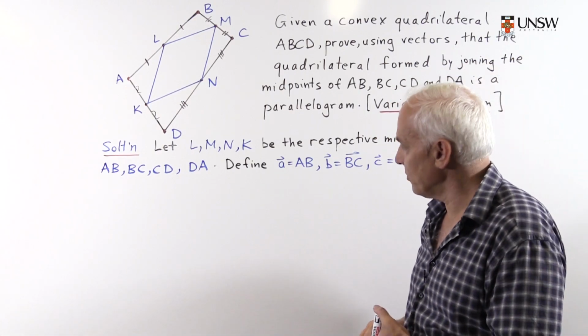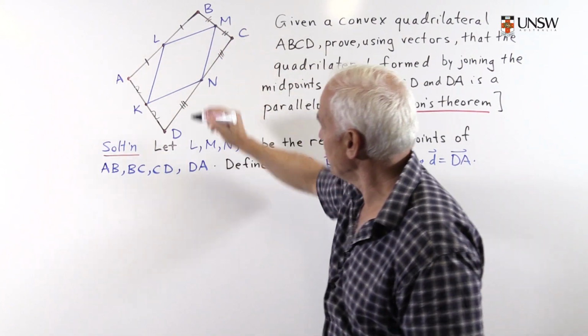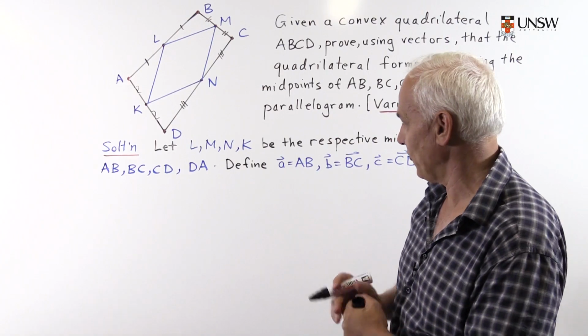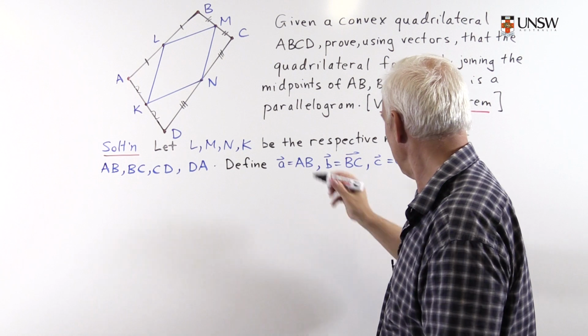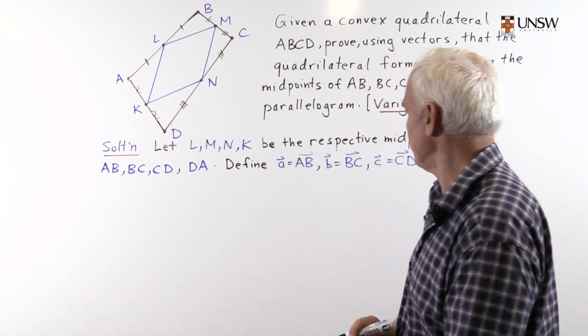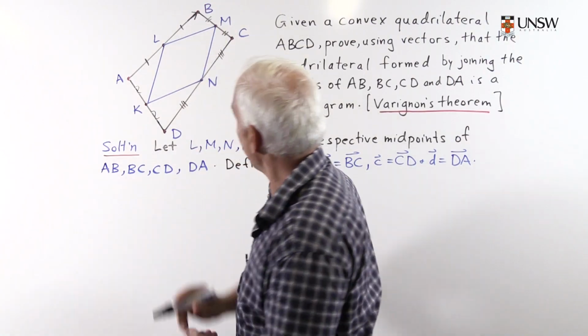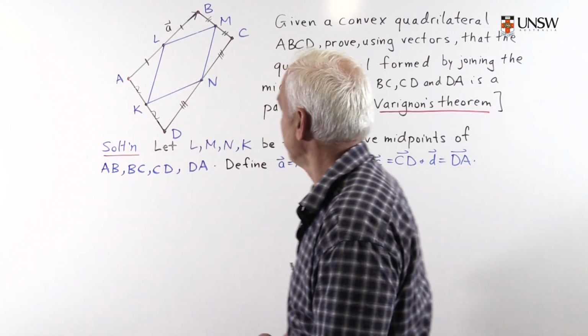Okay, and I'm also going to introduce some vectors into the story. The four sides of the original quadrilateral form four vectors. So let's give them some names. Let's define the vector a to be the vector AB. All right, so that's the vector from here to here. In the diagram, I would put an arrow there, and then that would be the vector little a.